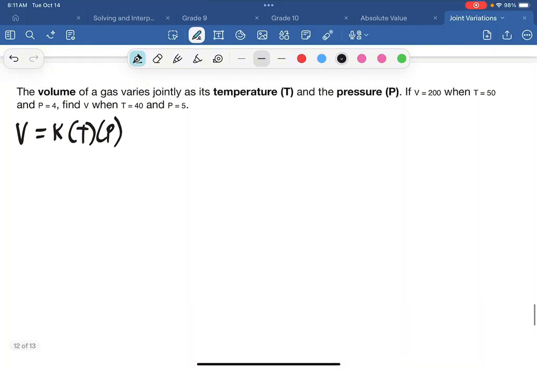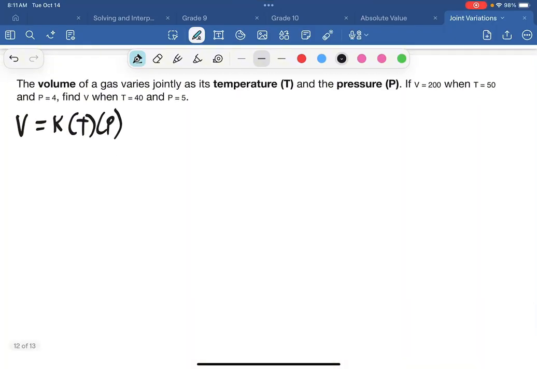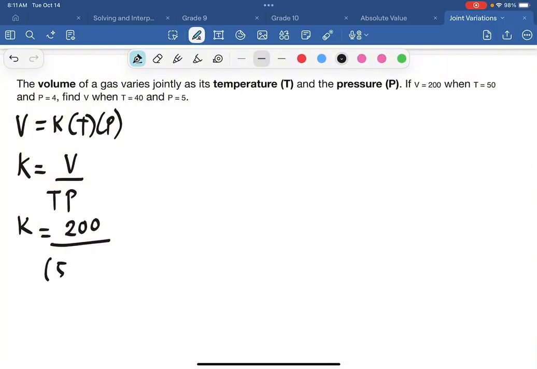Now, let's go over the short formula for the constant. So we have K equals V over T P. The value of V here is 200 over T is 50 and P is 4.